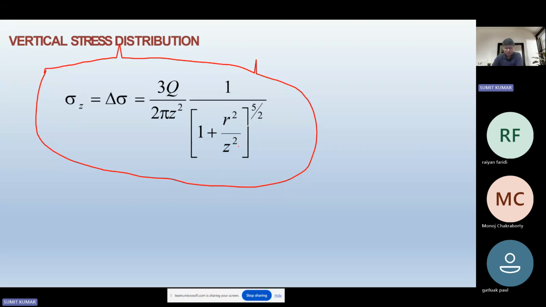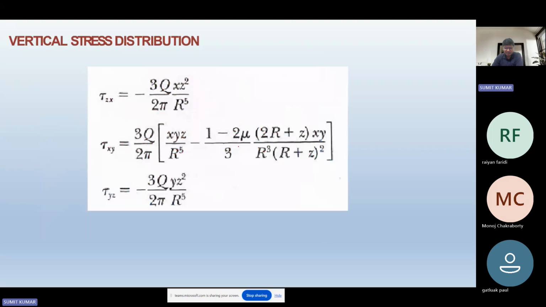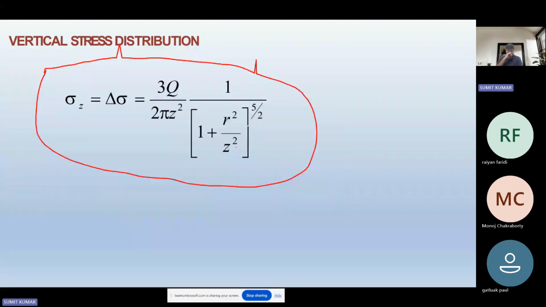Okay. Over there, maybe in a hurry, I wrote r square plus z square, but that is not right; it is r square by z square to the power 5 by 2, where z is the depth.